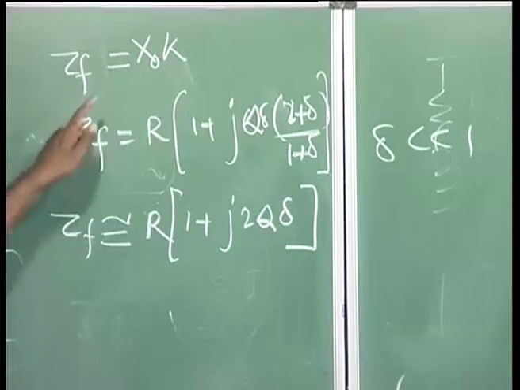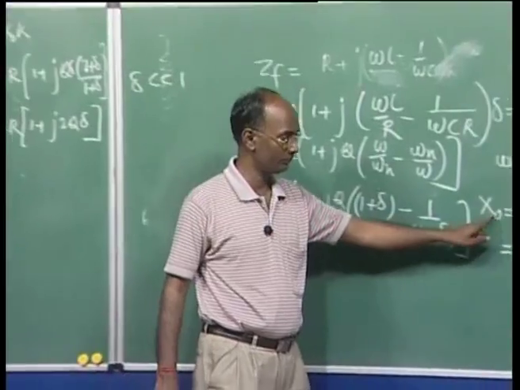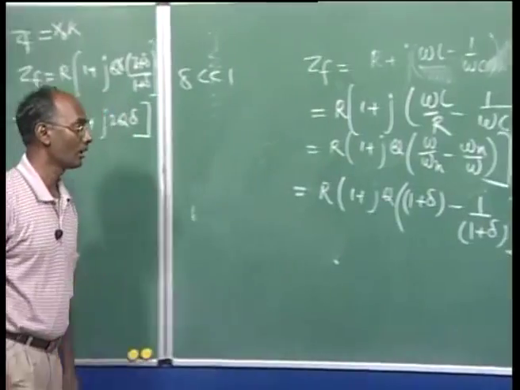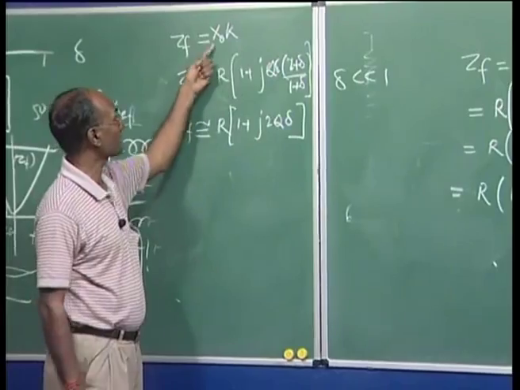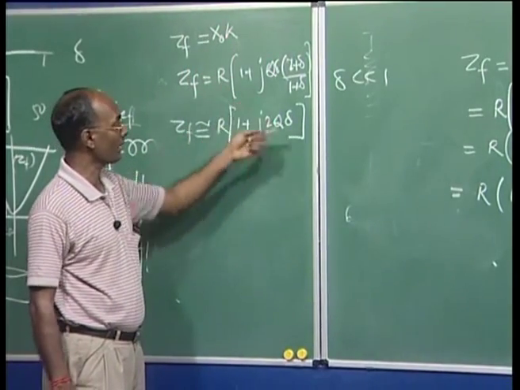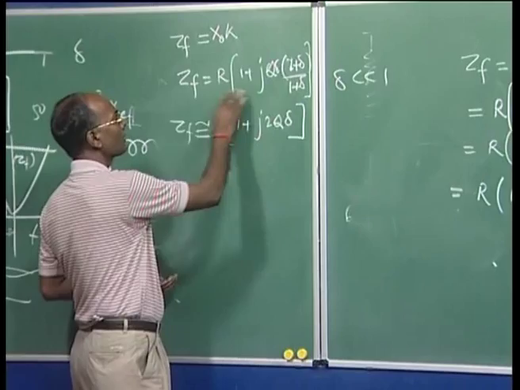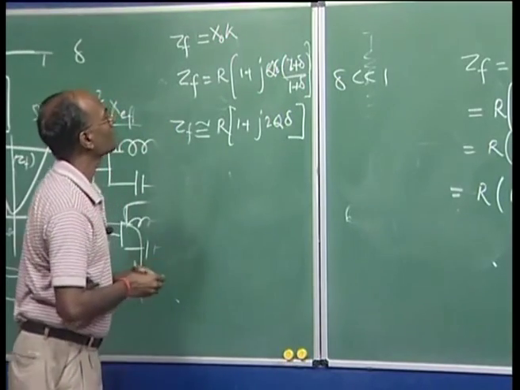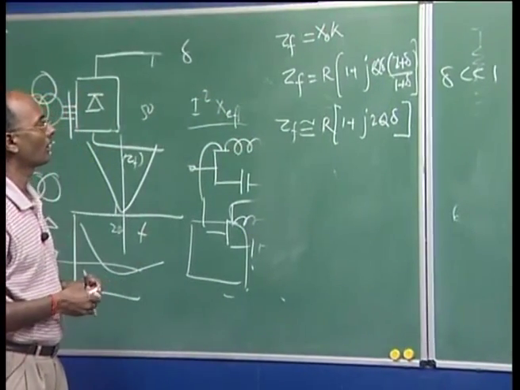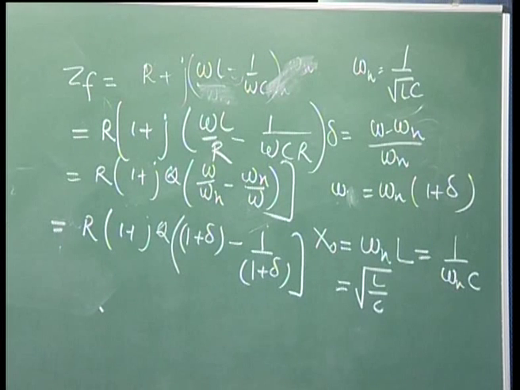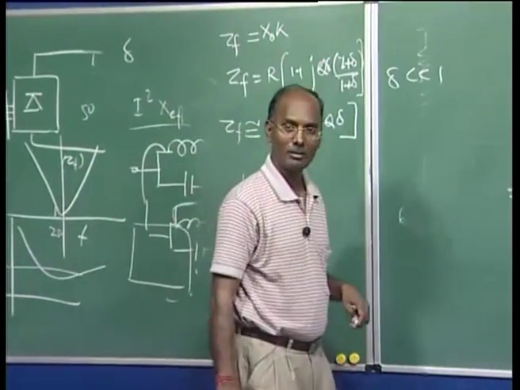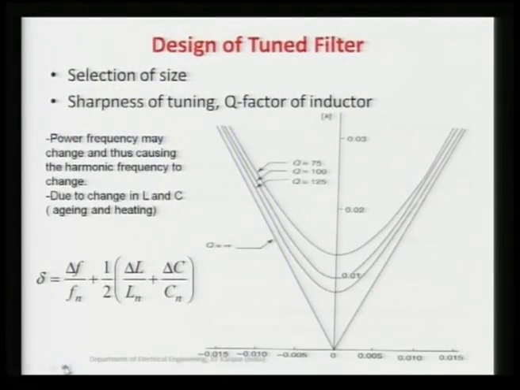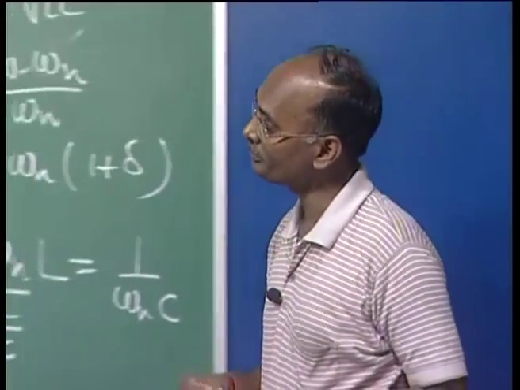This x naught we can write in terms of quality factor even for this example itself. So tell me, this is x naught into k, what will be the value of k? Can we write something here in terms of this?